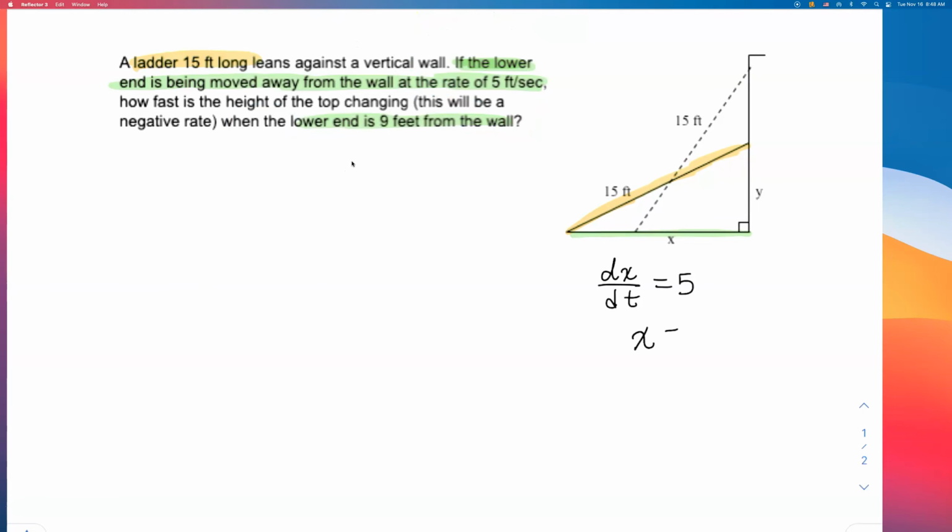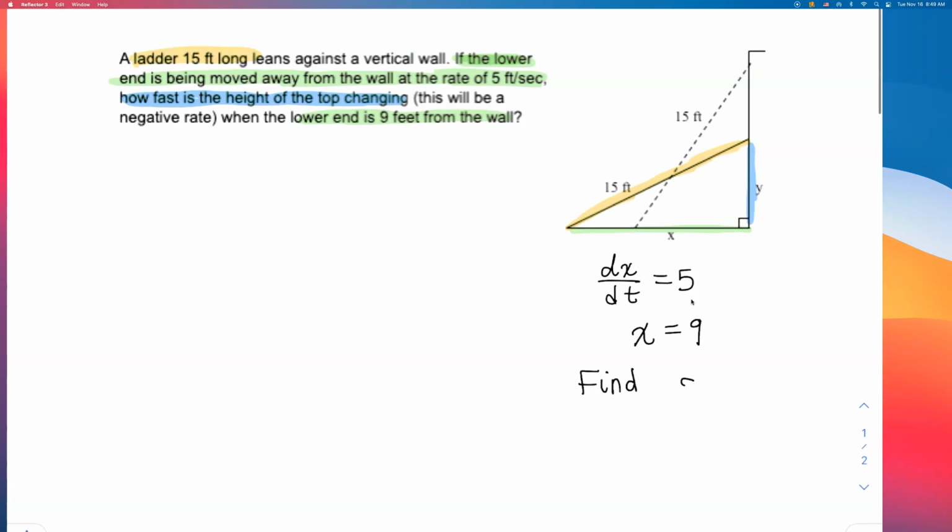They want you to solve this problem when x is 9 and the change in x with respect to time is 5. What we need to find is, look at the wording very carefully, how fast is the height of the wall changing? The change in y, which is dy/dt. We need to find the change in y with respect to time t.